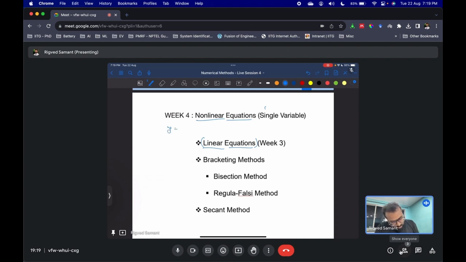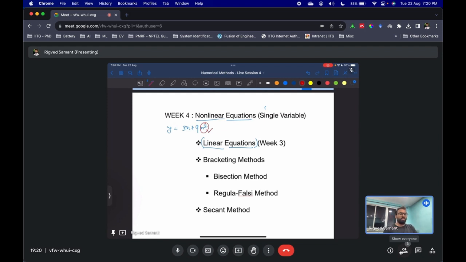So it's y is equal to 3x plus 9x square. Is it a nonlinear equation? It's a nonlinear equation because of this square term for the dependent variable.